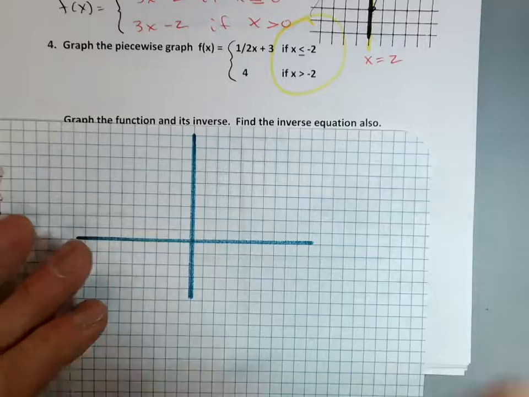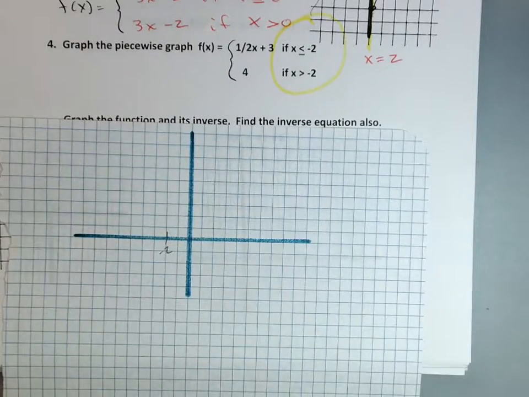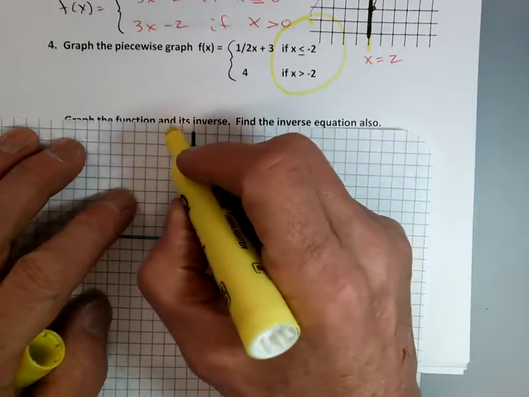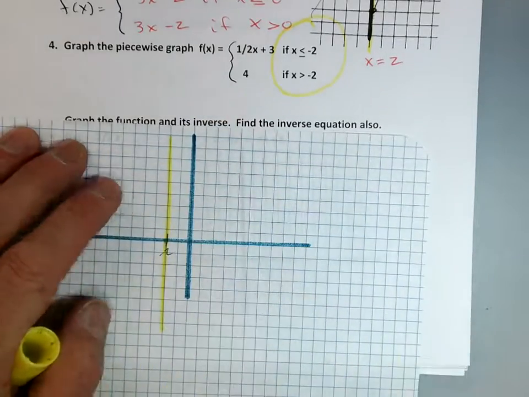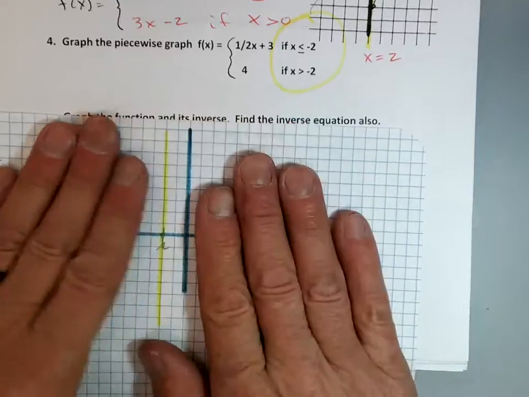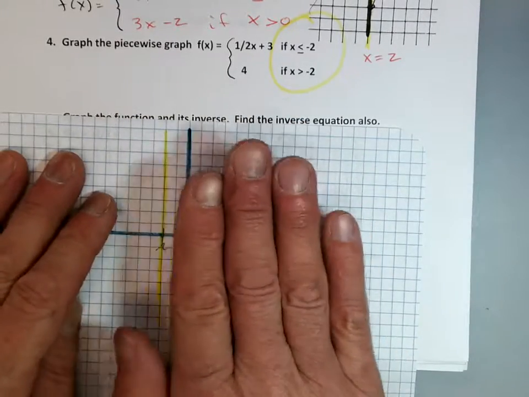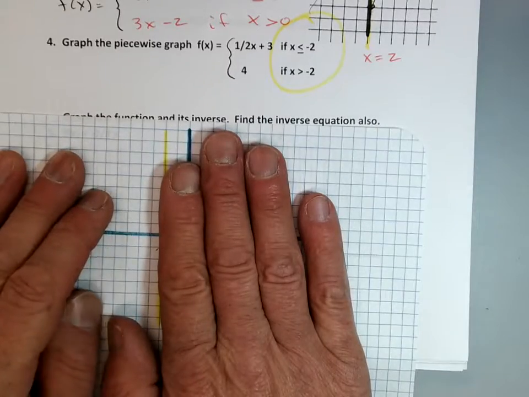So I'm going to go to x equals -2 and draw in my invisible borderline. By doing that, I've made 2 parts to my graph: the left-hand side of this borderline and the right-hand side of this borderline.